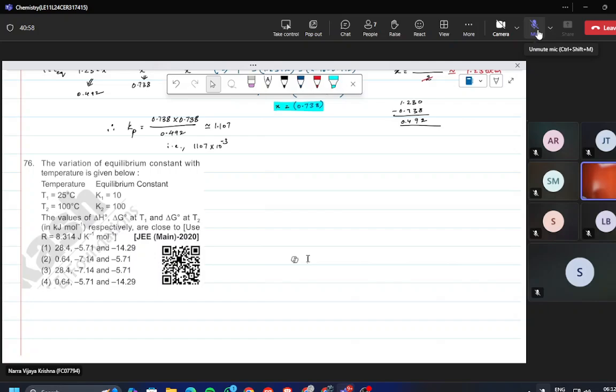At T1 we need to find delta H value and delta G value. And at T2 we need to find only delta G value. Only 3 values we need to find. What is Clausius-Clapeyron equation?